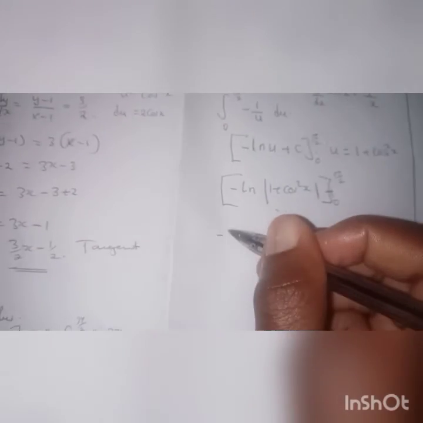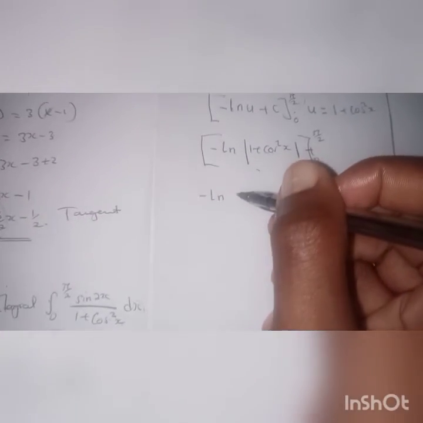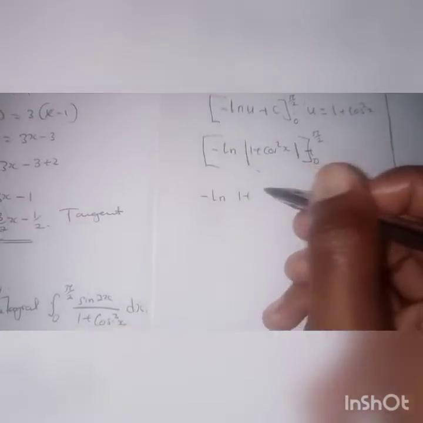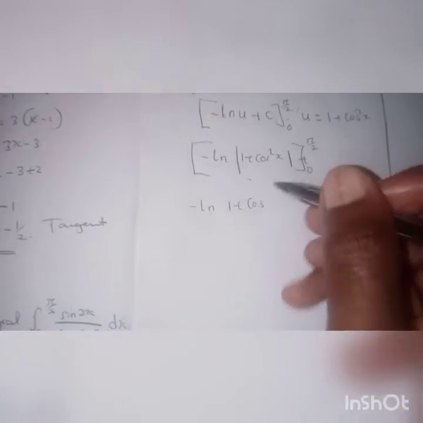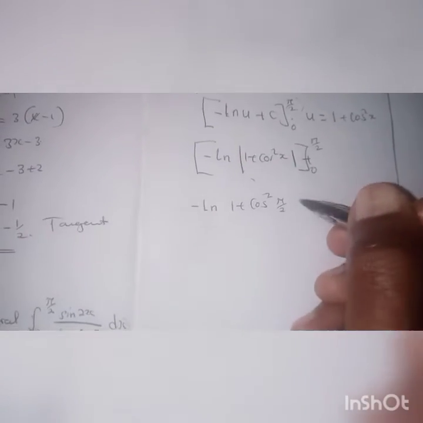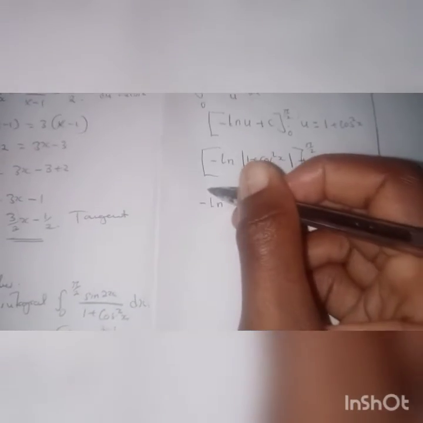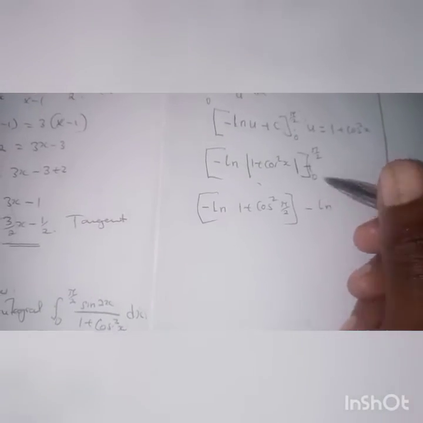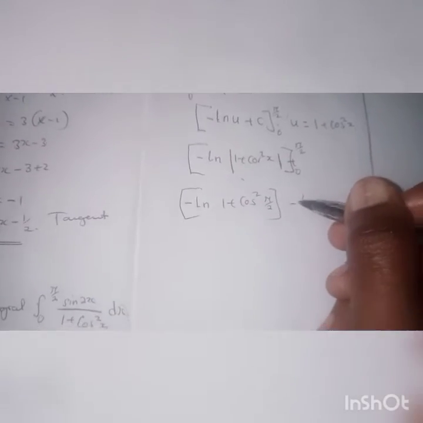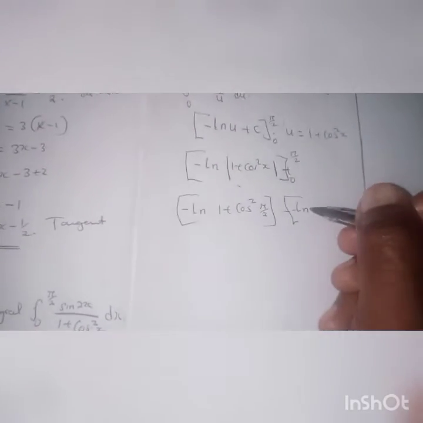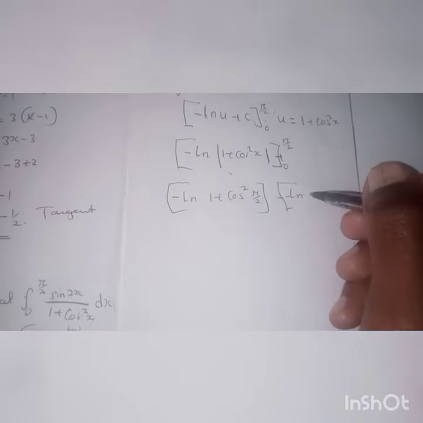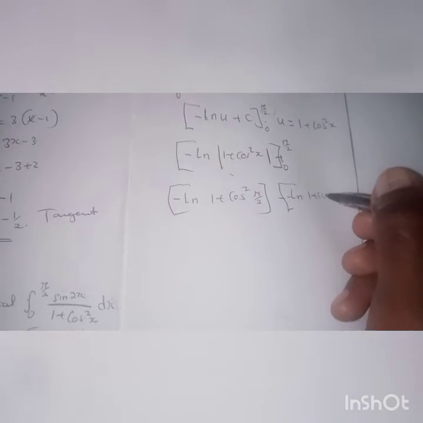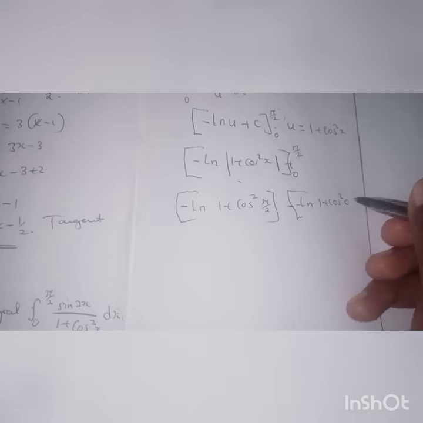Therefore, the natural log of 1 plus cos squared of pi over 2. Then we minus the natural log of 1 plus cos squared 0.